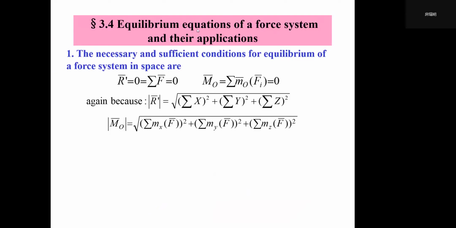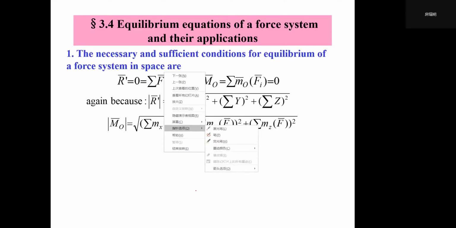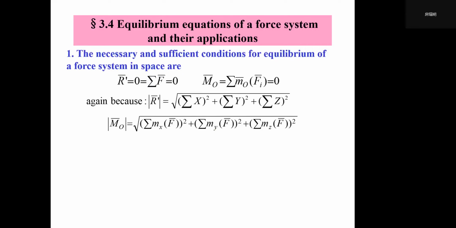So we talk about the equilibrium equations of a force system and their application. Actually, we have to talk about the first situation. When we finish our reduction, we find that R prime equals the zero vector, and MO also equals the zero vector, right?